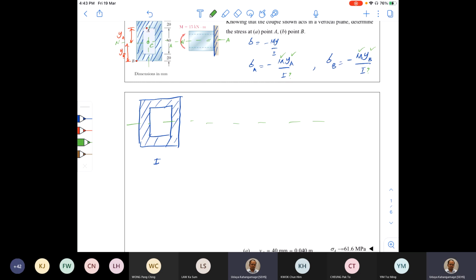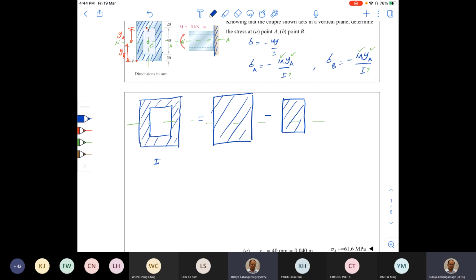We can say that this one is made of a bigger cross section in the rectangle like this, and then you subtract the inner part, this one.